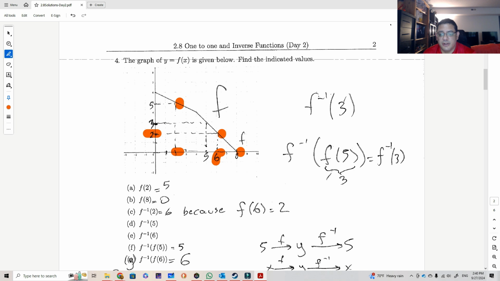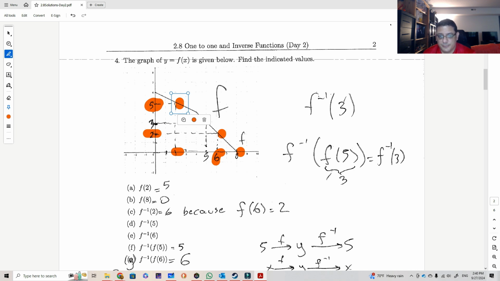So normally when I calculate a function, I go from x to y. But now graphically, if I'm going from the inverse, I'm going from the y-axis back to the x-axis. In the same fashion, if I'm calculating f minus 1 of 5, then I take this value of 5, and that's going to lead me to this point over here, which is going to lead me to 2.